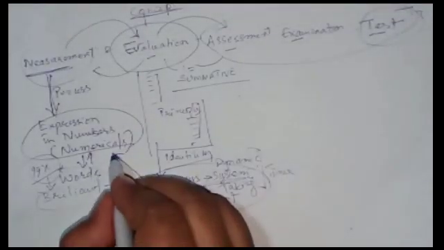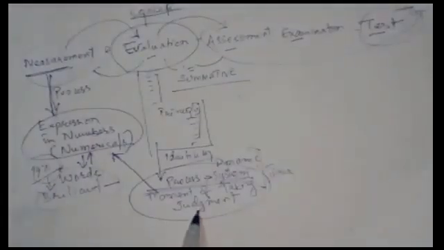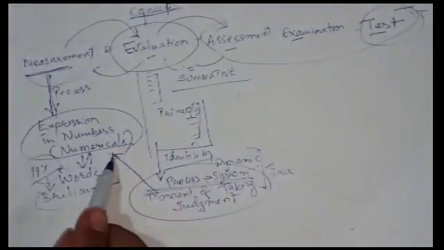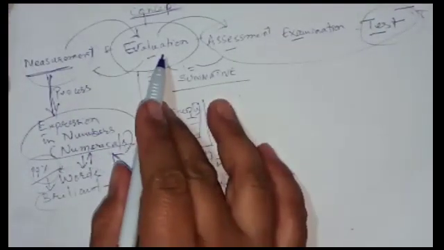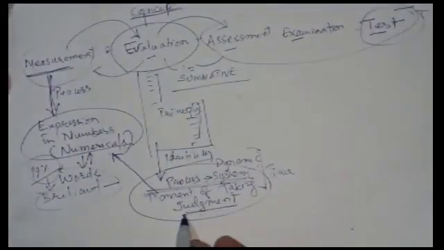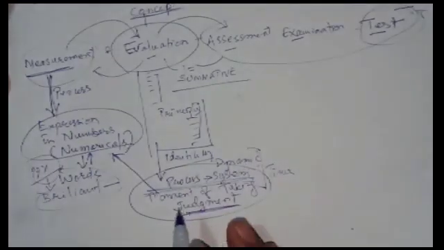whatever this experience is expressed in numbers there. That means if we want to express this judgment or this particular experience, we have two ways.